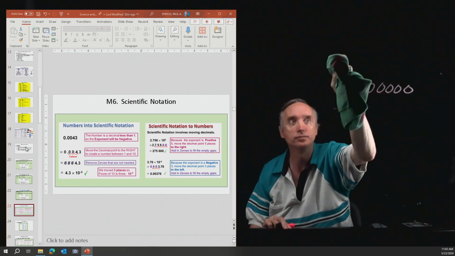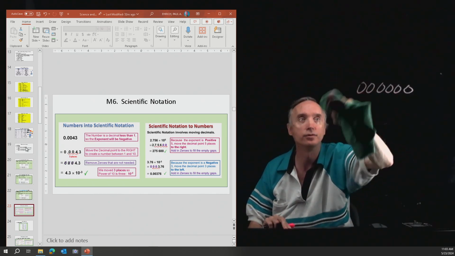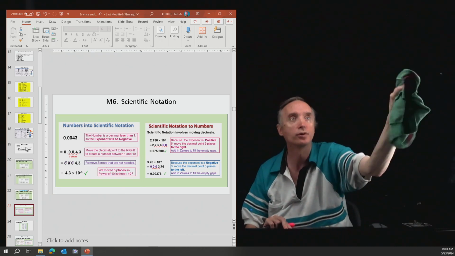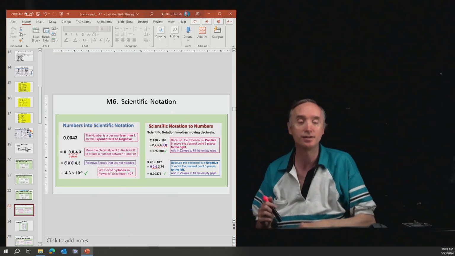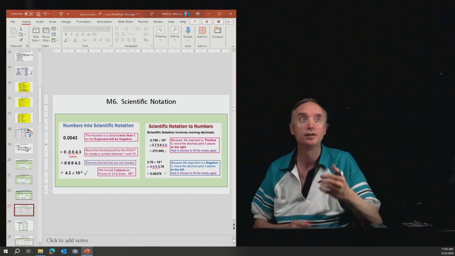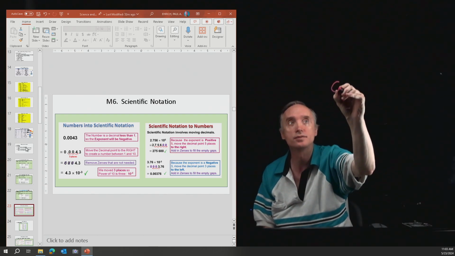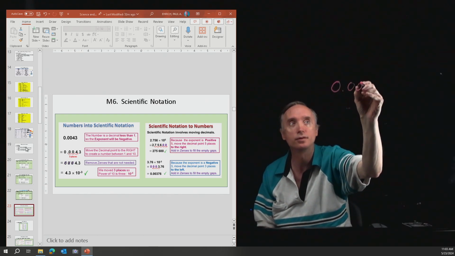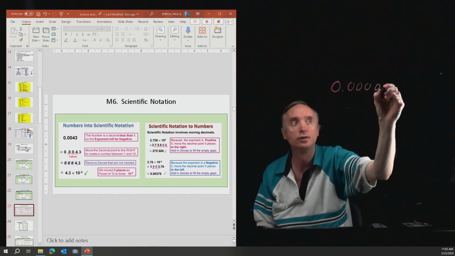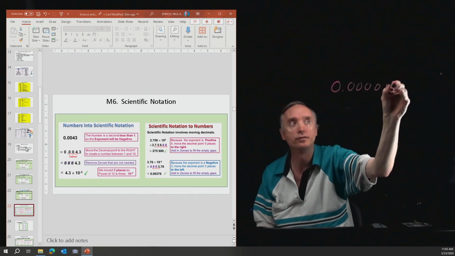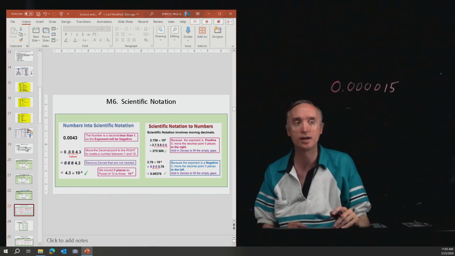So this time, let me write down for you a small number, and we're going to change it to scientific notation. So let's say that the number was 0.000015, and we want to change that into scientific notation.